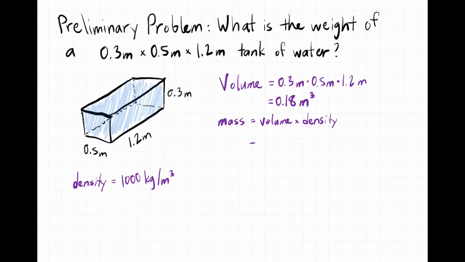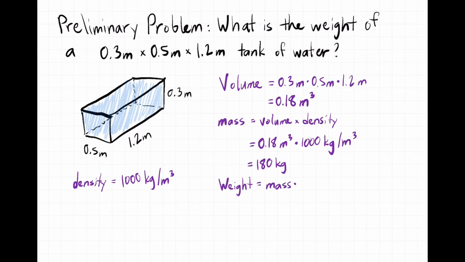So our mass is going to be 0.18 cubic meters times 1,000 kilograms per cubic meter, and that gives us 180 kilograms. Now, how do we find the weight? Well, we can compute the weight by taking the mass times the acceleration due to gravity.